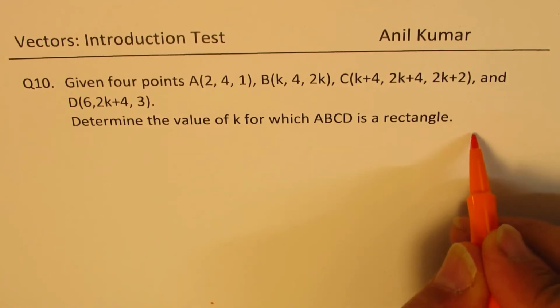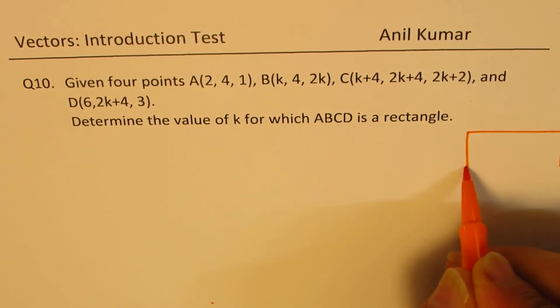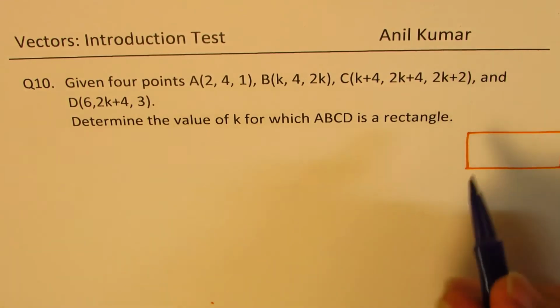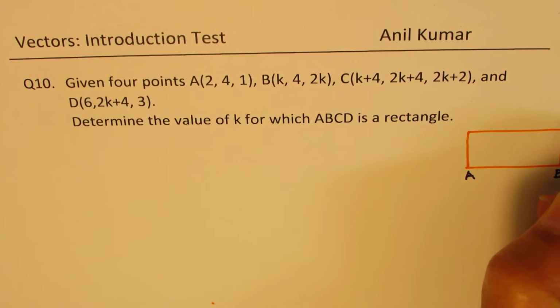Now let's try to understand the question. Let's say we have a rectangle here, and the coordinates A, B, C, D we have to write in a particular order, maybe clockwise or counterclockwise.